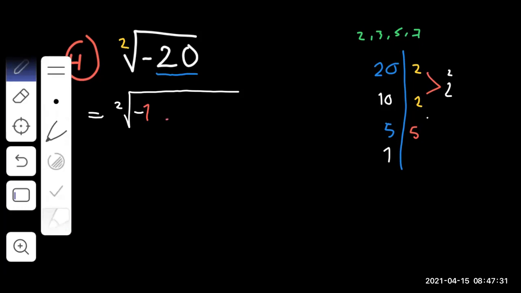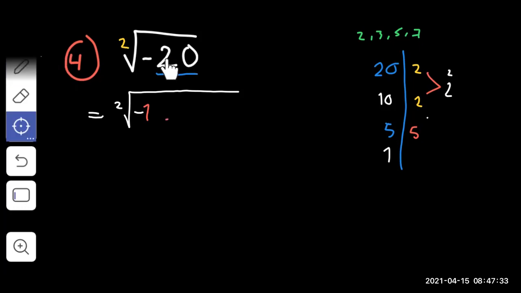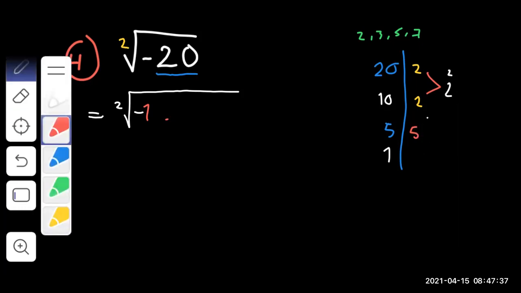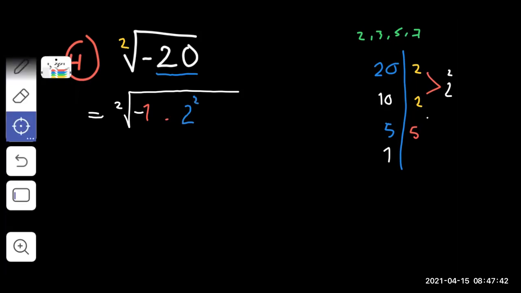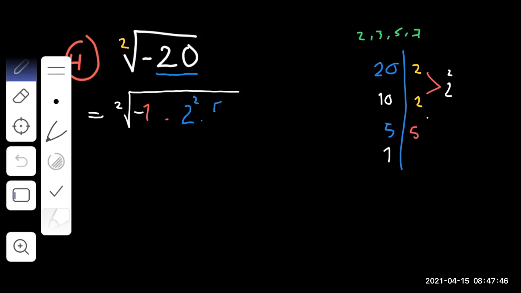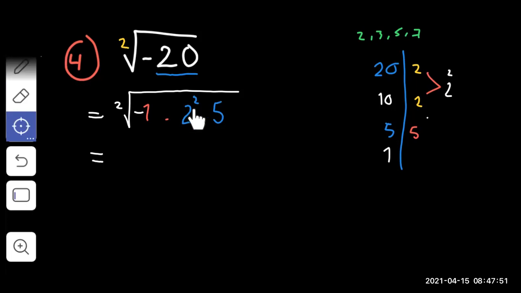And 20 is equal to 2 squared times 5. That 2 squared is 4, and 4 times 5 is 20. And the negative 1 is the same; you only take this negative and set it apart. You isolate it, so you have it alone.